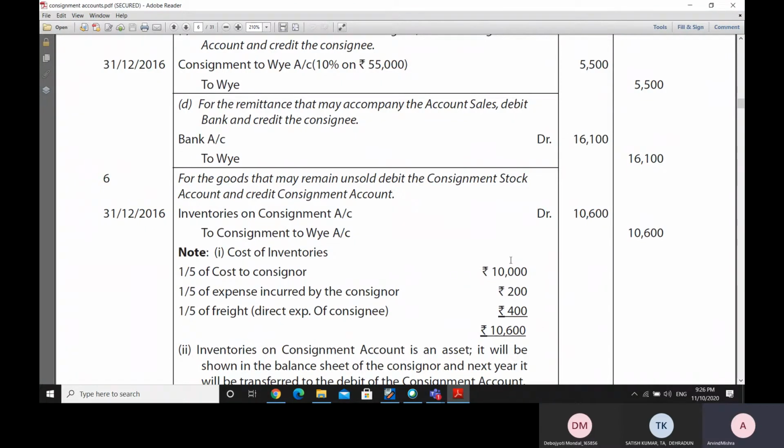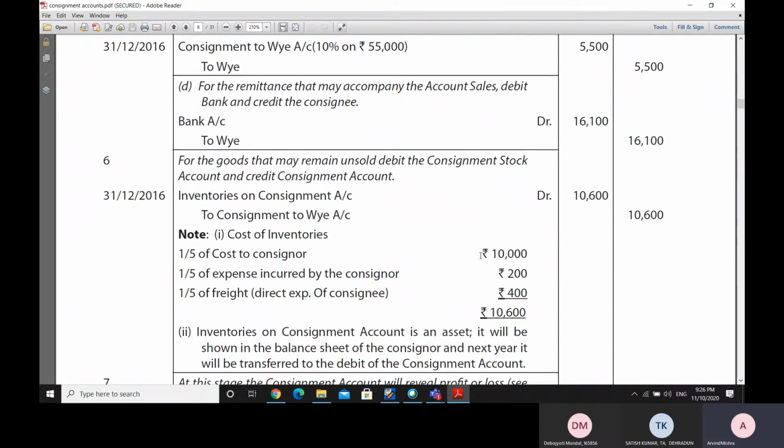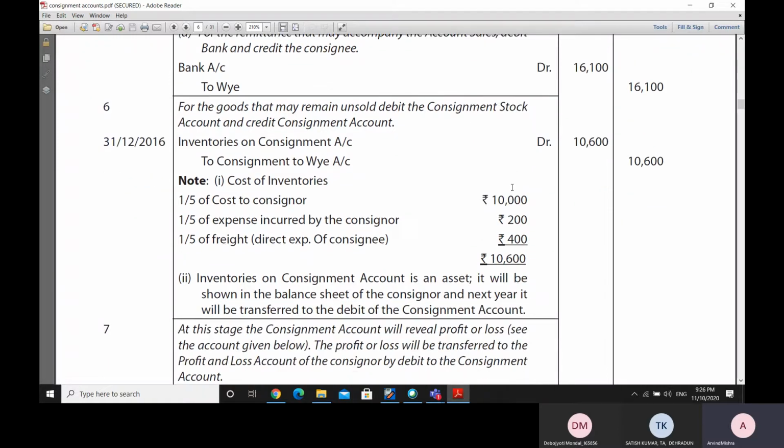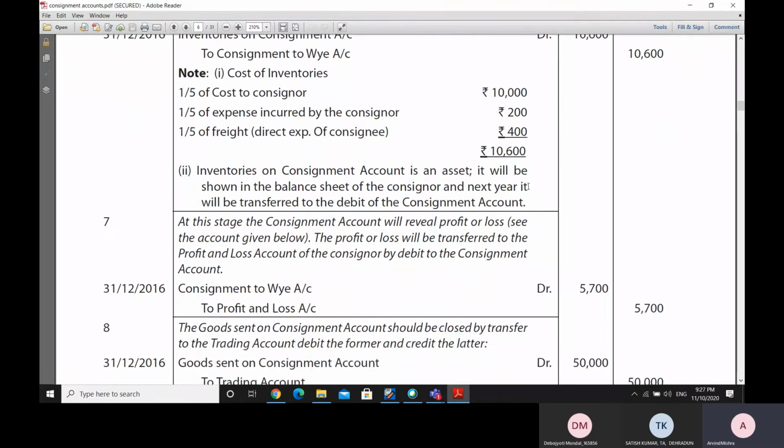So total 1/5 of the expenditure which is incurred by consignor is added to the cost, and we get a total cost of the unsold item as 10,600, which is debited to inventories on consignment account and credited to the consignment account, because this will come on the credit side of the consignment account and will help us to find out the profit. Thereafter, in the consignment account, we are left with a balance of 5,700 as a profit, and that is being transferred to the profit and loss account here.